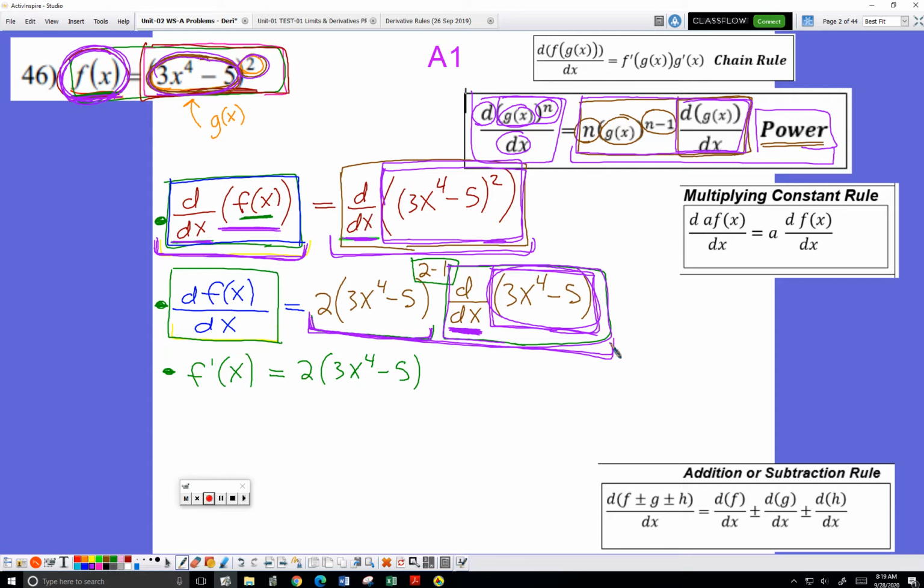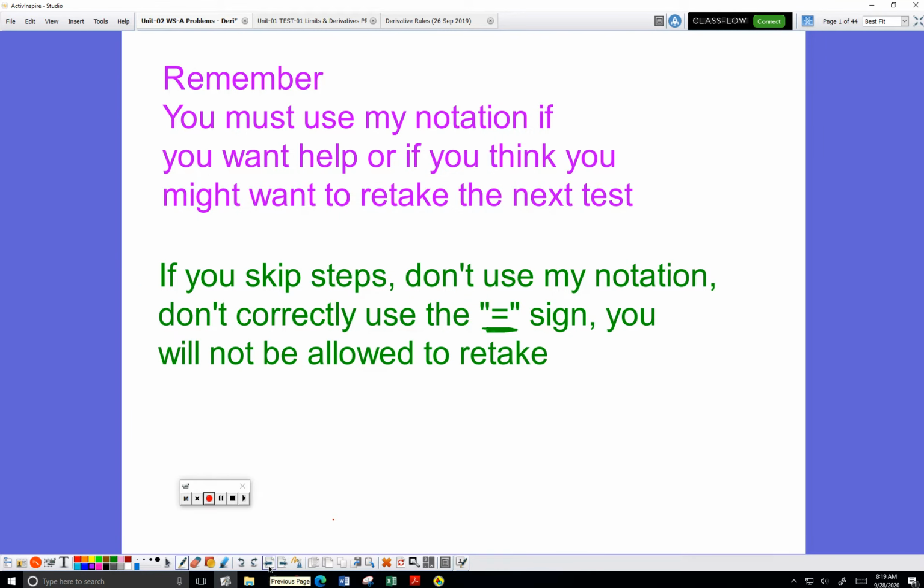So that's not an illegal thing to do, but it does fit into this category that I won't let you retake if you start doing that. You have to go straight down the page. I totally get that that means you'll use more paper. I am happy to buy you paper if you can't afford it. I'm serious. Using a lot of paper will help you get a better test score.